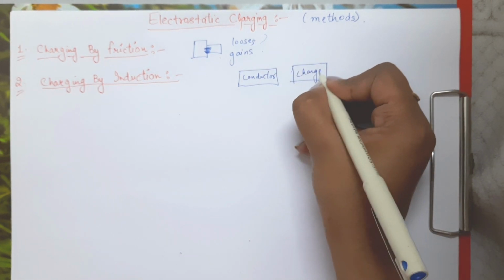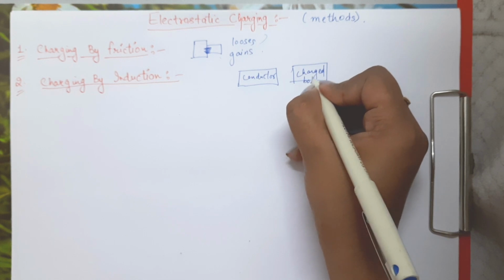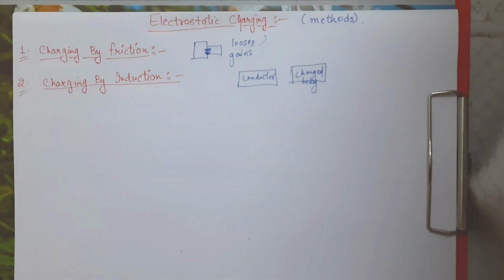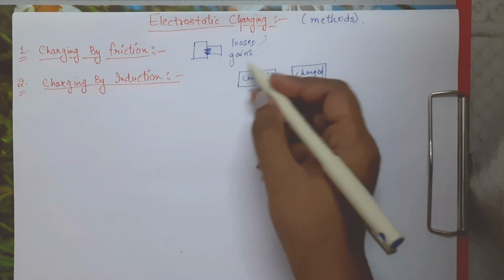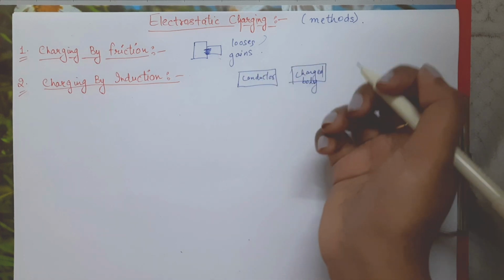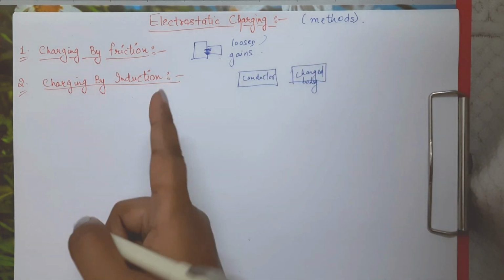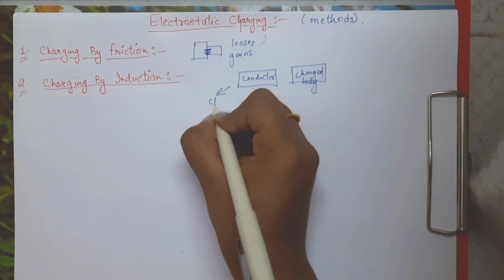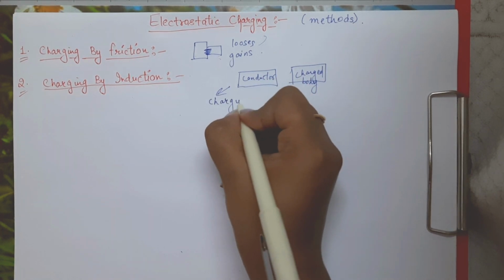If we place a conductor in the neighborhood of this charged body, then there are two ways by which this conductor can get electrostatically charged. So there are two methods: the first one being charging by earthing and the other one being charging by induction.